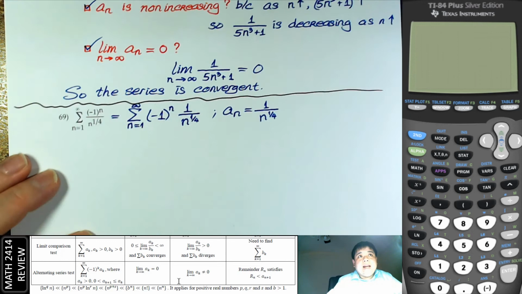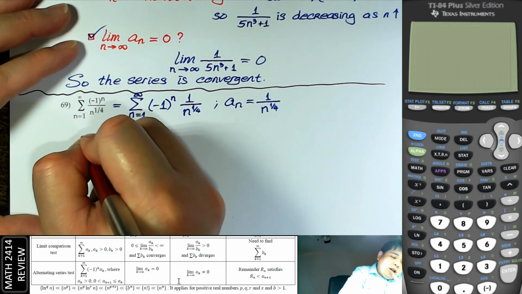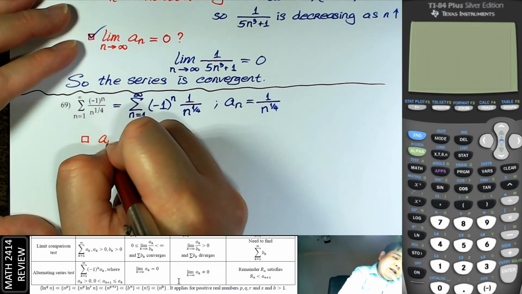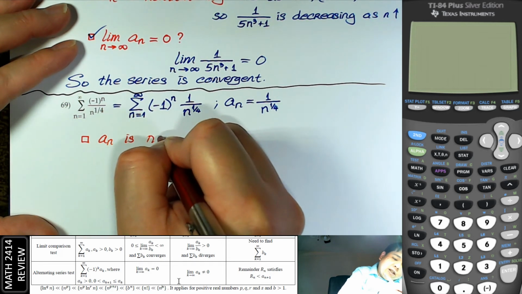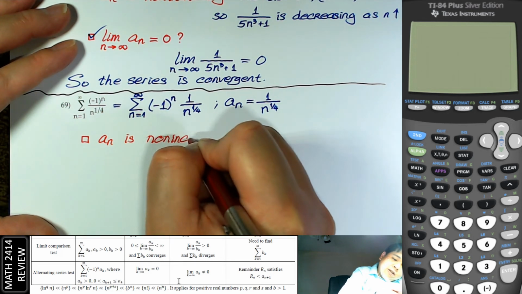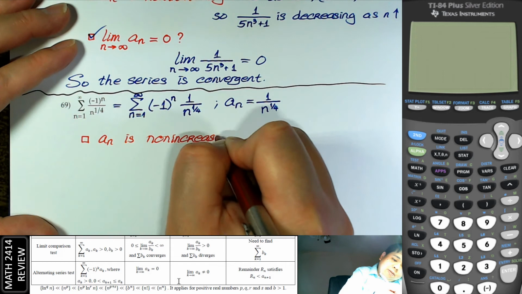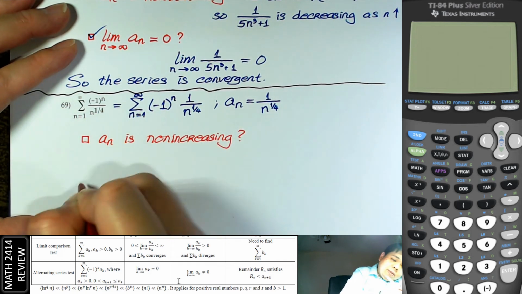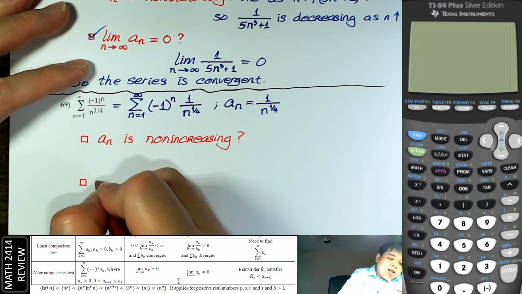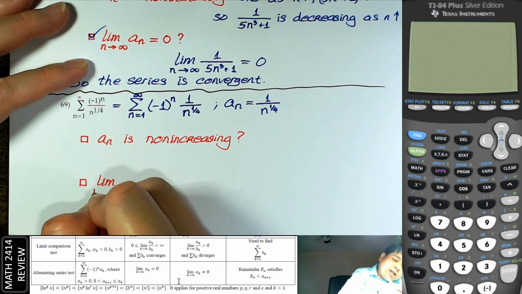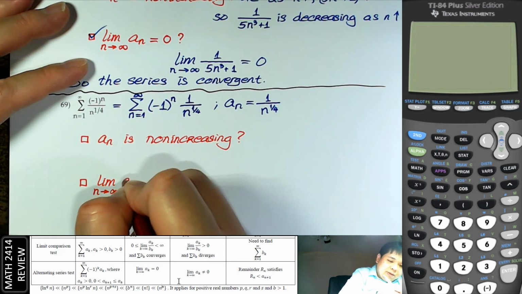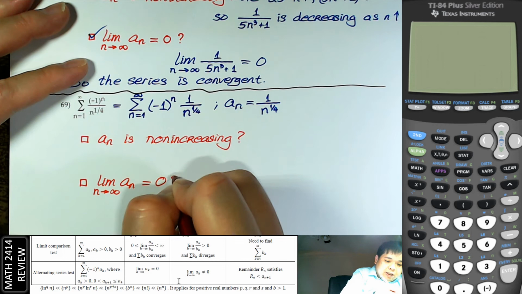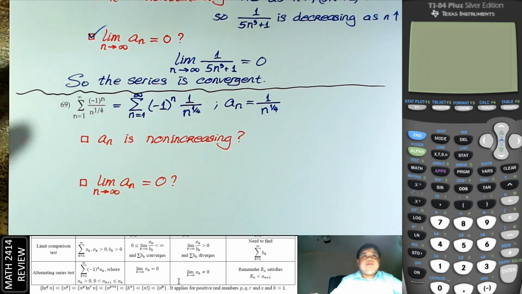Right, and then we check two things. First, is a sub n non-increasing, and second, is the limit of the n-th term 0 as n goes to infinity. So we check those two things.